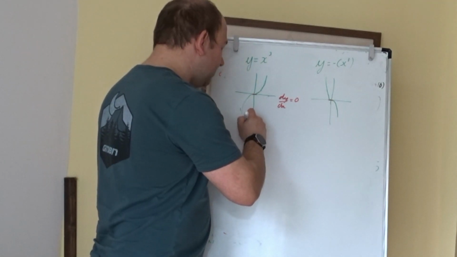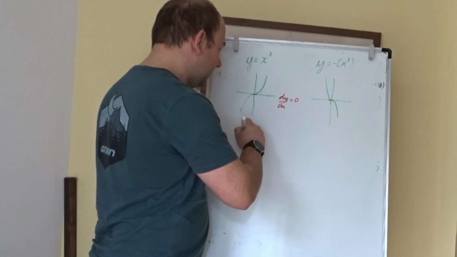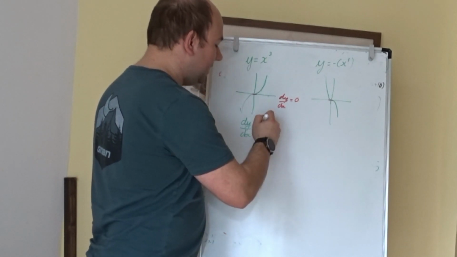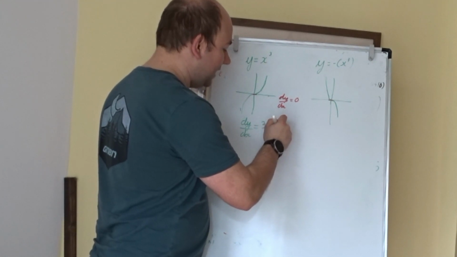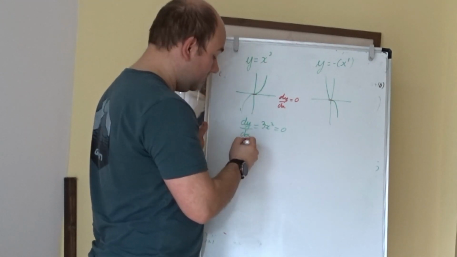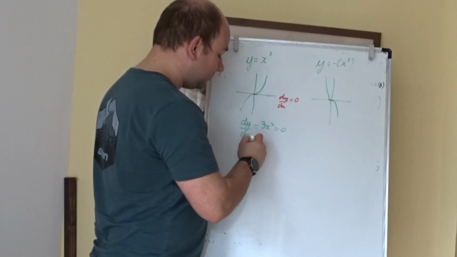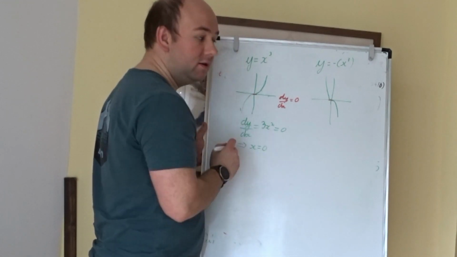So we can do dy by dx is going to be equal to 3x squared, and we're going to say that that is equal to 0, in which case x is also 0.